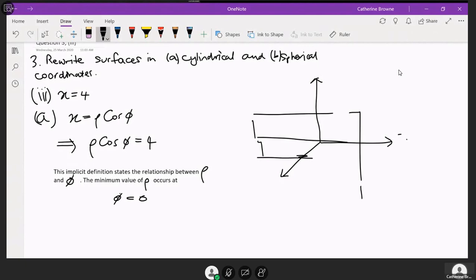It's parallel to the ZY plane, and it's at x equals 4. And in cylindrical coordinates, r is coming out and phi is coming out this way, if that makes sense.